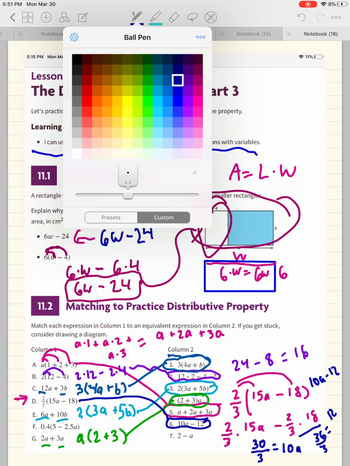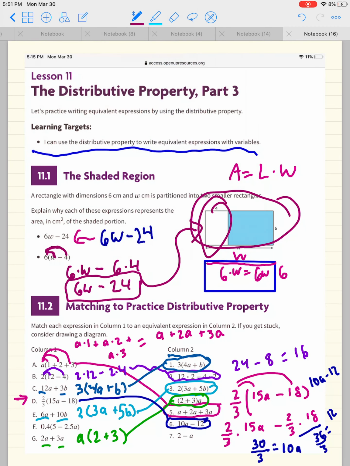Okay, the last one is the same thing but with decimals. So we have 0.4 times 5 minus 0.4 times 2.5.